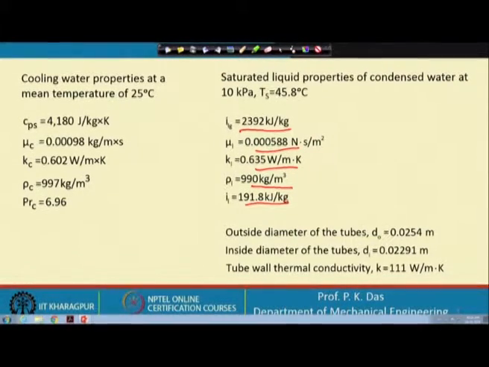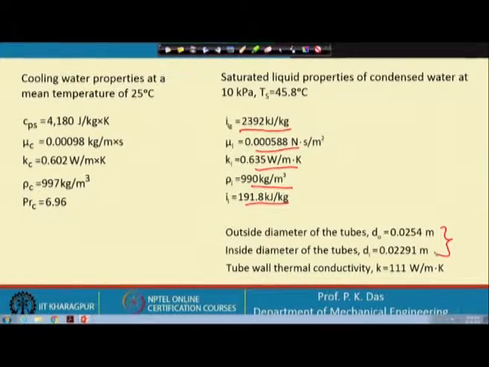Outside tube diameter and inside tube diameter we have given. Now, these two things of course, one can think of calculating, particularly the inside tube diameter, but sometimes it is selected in a practical heat transfer equipment design or heat exchanger design.